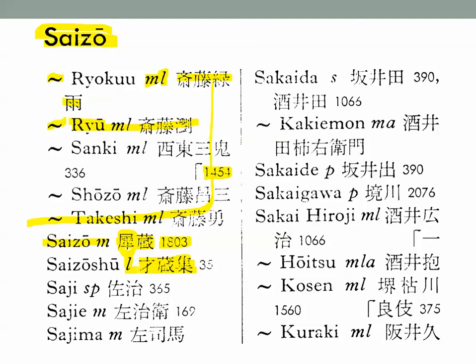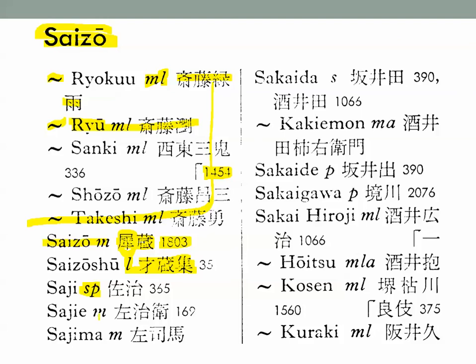So the dictionary includes quite a lot. Down here we have Saji with an S and a P. The S means that this can be a surname, and the P means that it can be a place name.